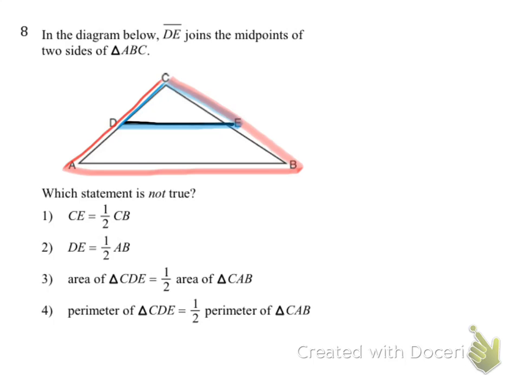So now, here what do we get? CE is half of CB, which is correct. But we are looking for not correct. DE, which is the mid-segment, is that half of AB? Yes, it is. So that is also true. Now notice that I'm going to go for choice 4 first. In previous questions, perimeter has always been half of the original one.